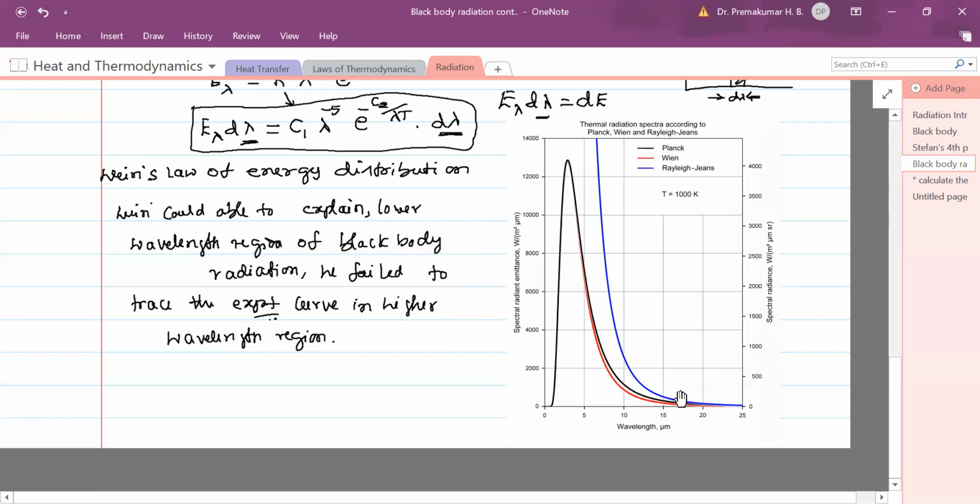Is it clear now? So according to Wien, this equation fits exactly up to some certain lower wavelength region, and after that it is completely deviating out.